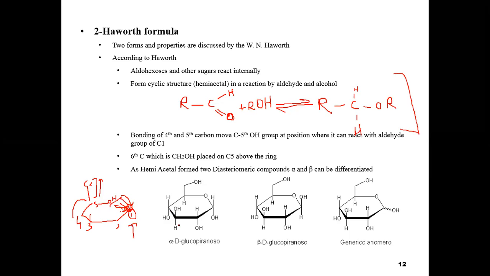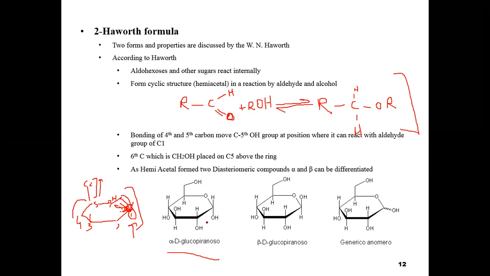As the hemiacetal is formed, the two stereoisomeric compounds alpha and beta can be differentiated. After the closure of this chain, when the cyclic structure is formed, now we can differentiate between the alpha and the beta form of the glucose molecule.